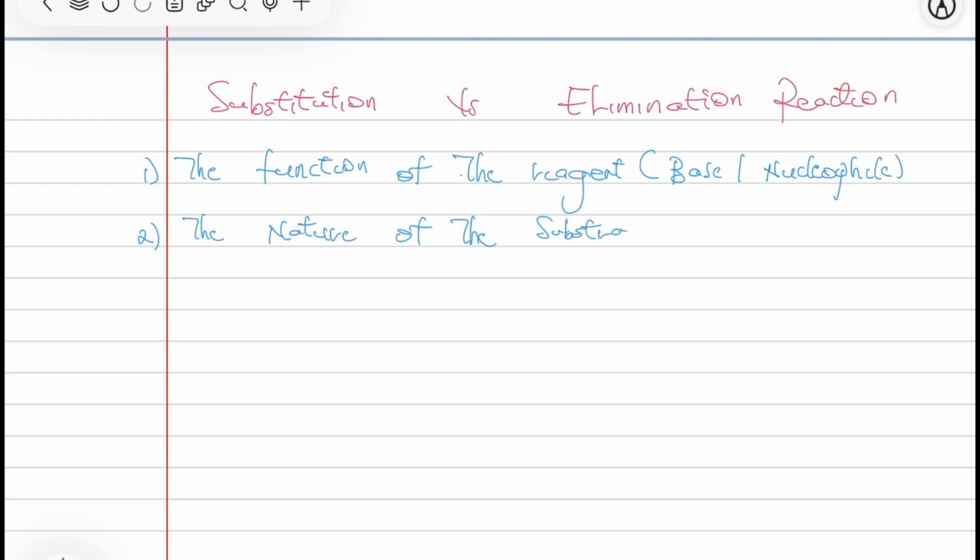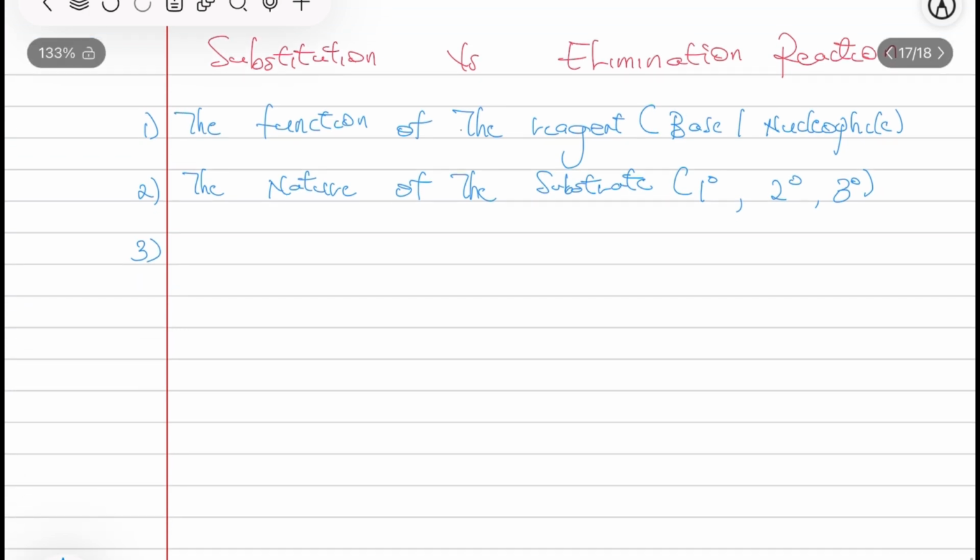The nature of the substrate also affects whether the reaction will proceed via substitution or elimination. In the nature of the substrate, we have the primary, the secondary, and the tertiary. Another important factor that can determine whether the product will be formed through substitution or elimination is the reaction condition, which is usually high temperature.